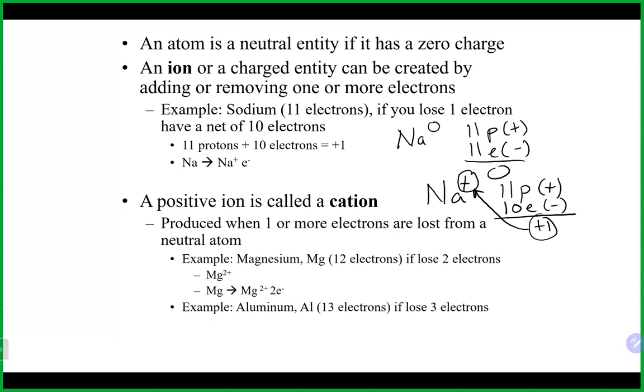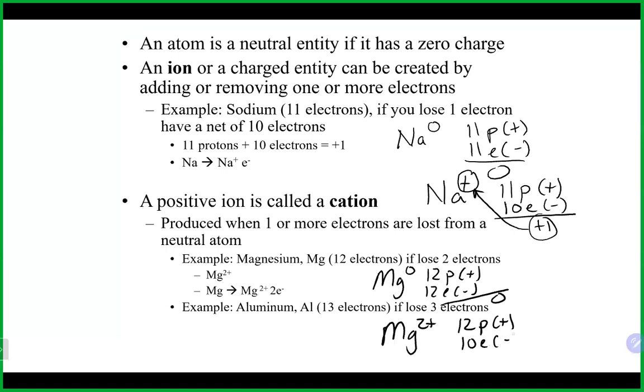If we look at magnesium with no charge, magnesium is number 12 on the periodic table, 12 protons, so it has to have 12 electrons, giving us a 0 charge. Now, magnesium with a +2 charge means that it has lost 2 electrons. So really, you could just look at the protons. It's got 12 less 2 is 10 electrons. That will give you +2 left over, which is where the charge comes from.